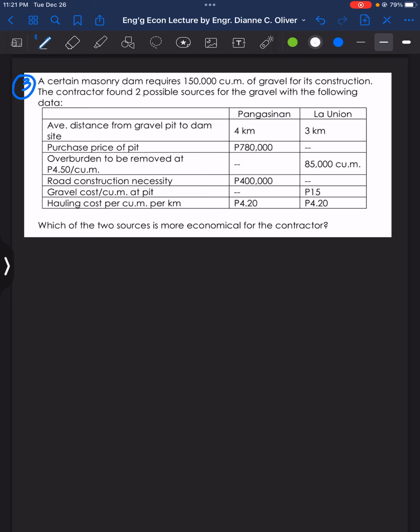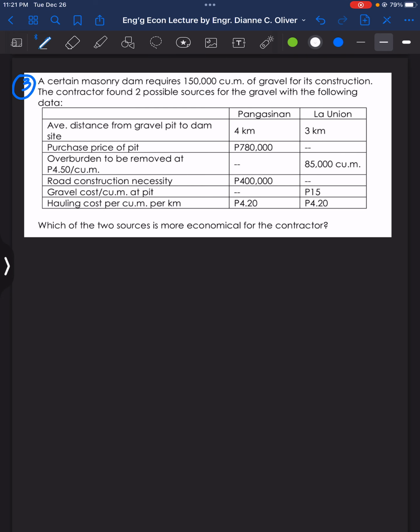Now for La Union, average distance from gravel pit to dam is 3 kilometers. There is no purchase price of pit. The overburden to be removed at 4.50 pesos per cubic meter is 85,000 cubic meters. Road construction necessity, there is none for La Union. The gravel cost per cubic meter at pit is 15 pesos.